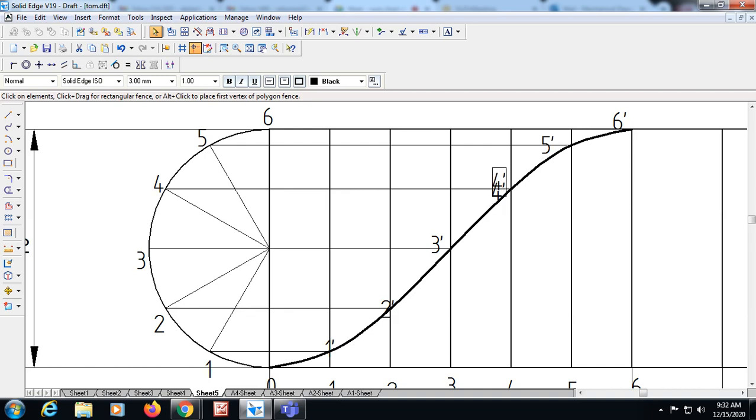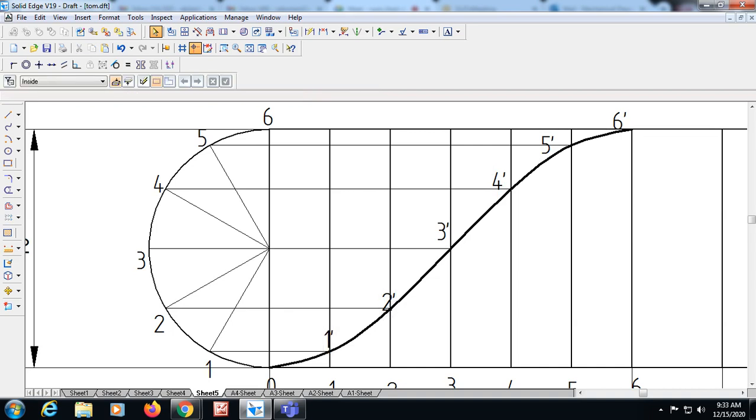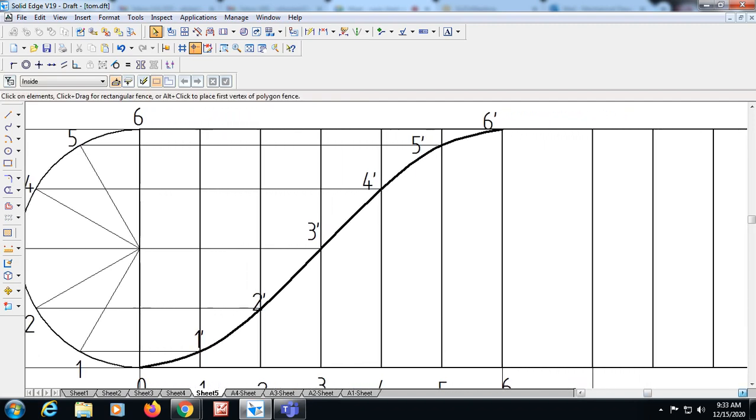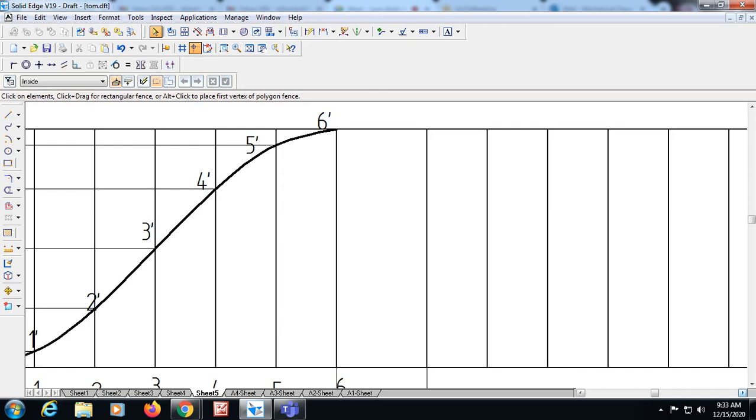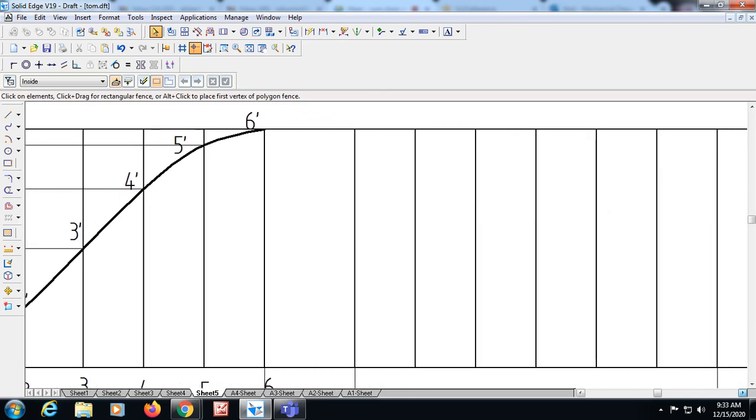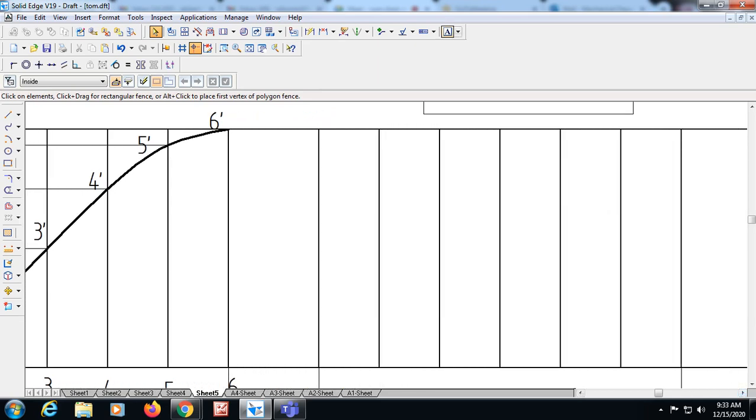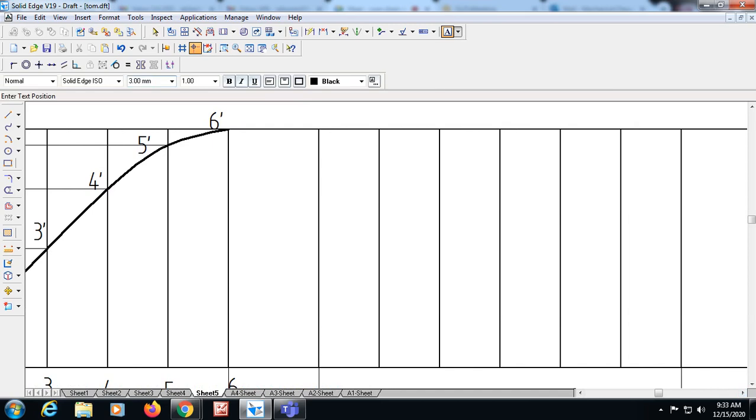Okay, then in the same way I can do this now on the right-hand part. Next I will continue the same points over here. So I will continue here 6, then 7, then 8, then 9, 10, 11, and then 12.